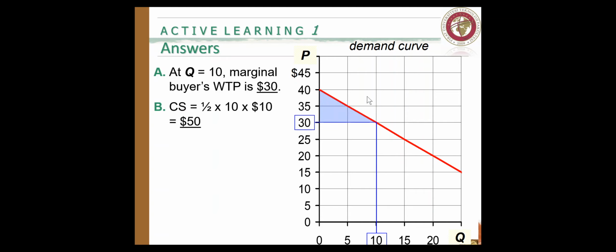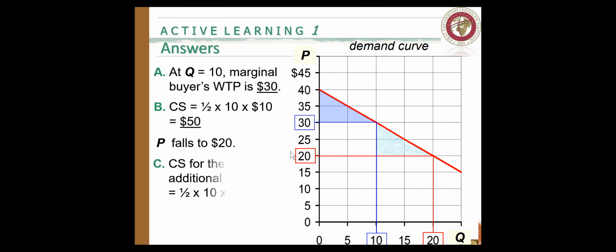So this was the first requirement. Having the total consumer surplus, we calculate the base and the height, we find the area. Now this is the change. The price drops to 20, what happens? Now look, we have this rectangle or square in this case, plus this triangle.